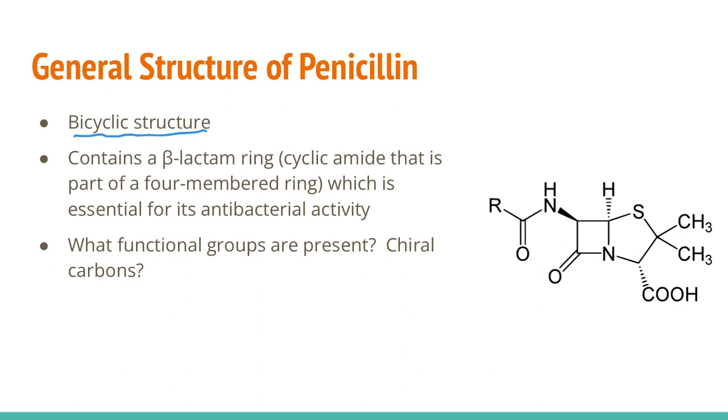When we're talking about this beta-lactam ring, we're talking about this 4-membered ring here. It is essential for antibacterial activity, and we'll see why momentarily. But that's a really tough ring to have there.